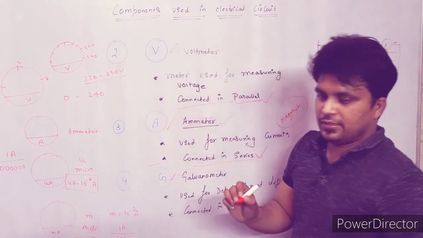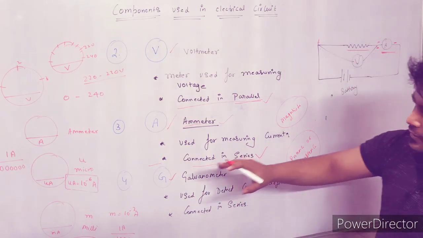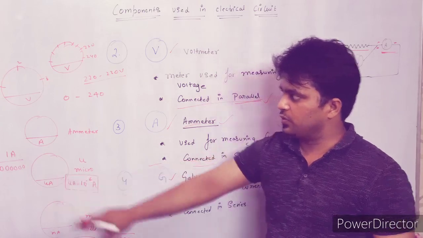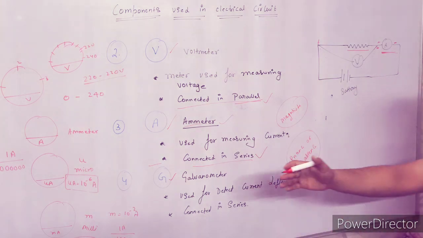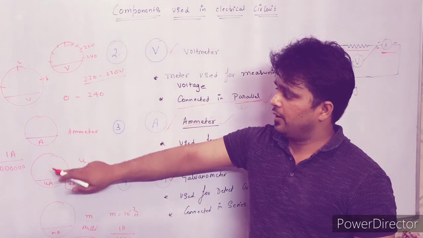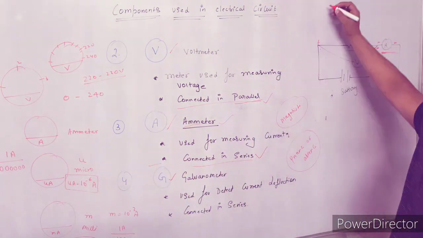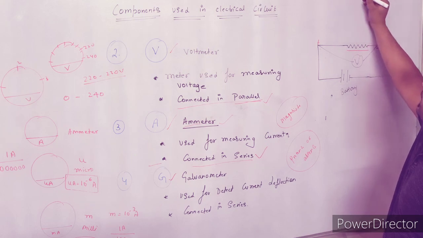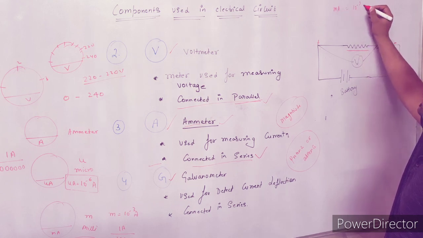Whenever you prepare a circuit, keep in mind to look over the readings and the types of ammeter you used. So this is very simple. Ammeter is of 3 types: simple ammeter, micro and milli. Micro is 10 to the power minus 6, milli is 10 to the power minus 3.